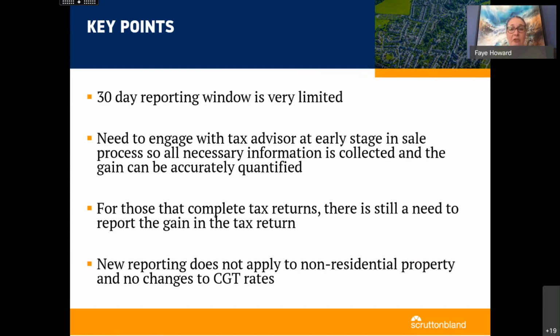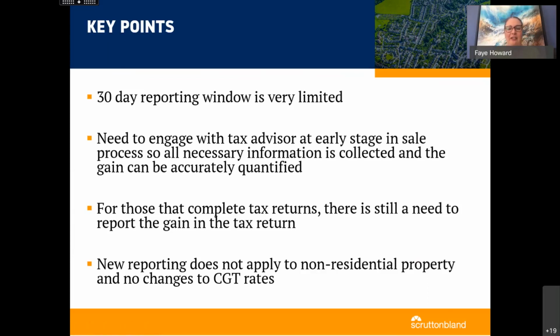And of course, if you talk to us pre the sale, we can talk to you about whether you've got other gains or losses that you might want to crystallise to help the cash flow position when you're making this disposal. And even though you've got to report this transaction within 30 days, as Gavin said, you do still have to put it on the tax return.